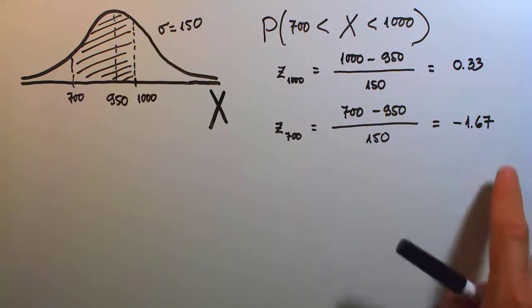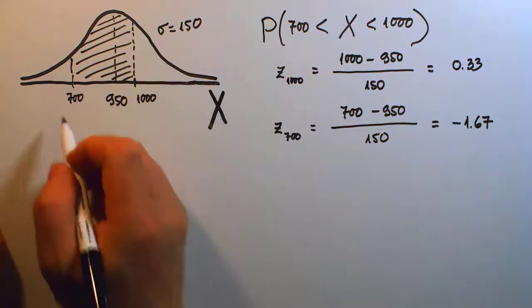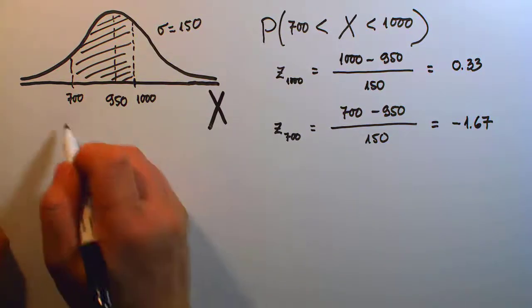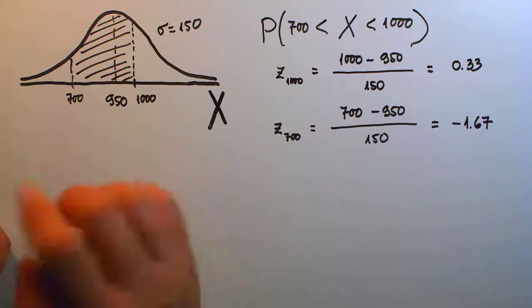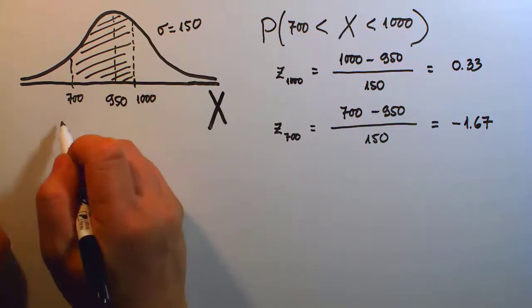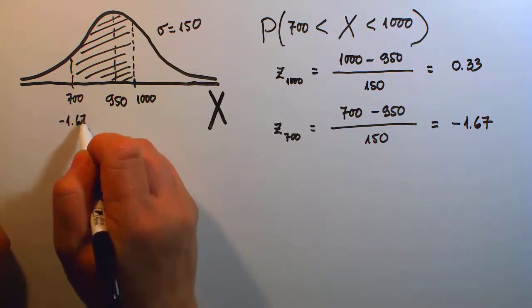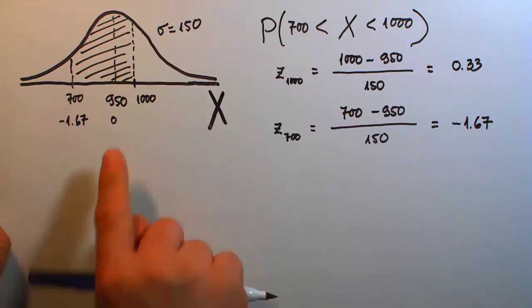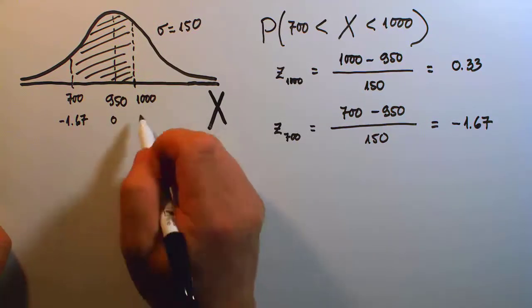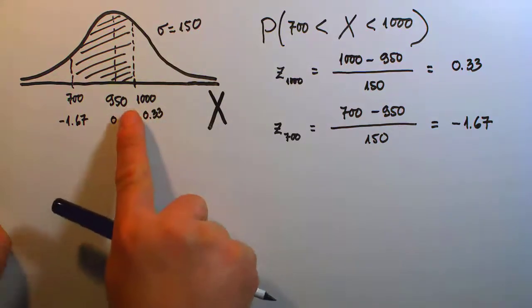Once both z-scores are given, it's never a bad idea to label the z-score corresponding to each of these values on our bell curve. So 700 corresponds to z-score negative 1.67. 950 right in the middle is the center, so z-score is 0. And 0.33 is the z-score for 1000.